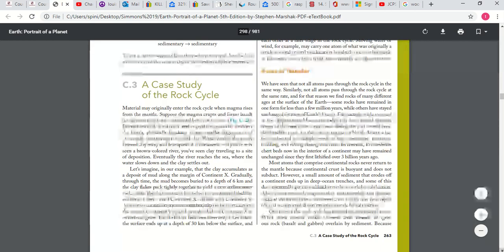Others of these transformations can take hundreds of millions of years, and as this little story here talking about the Appalachian Mountains, which is very interesting, they can take billions of years.